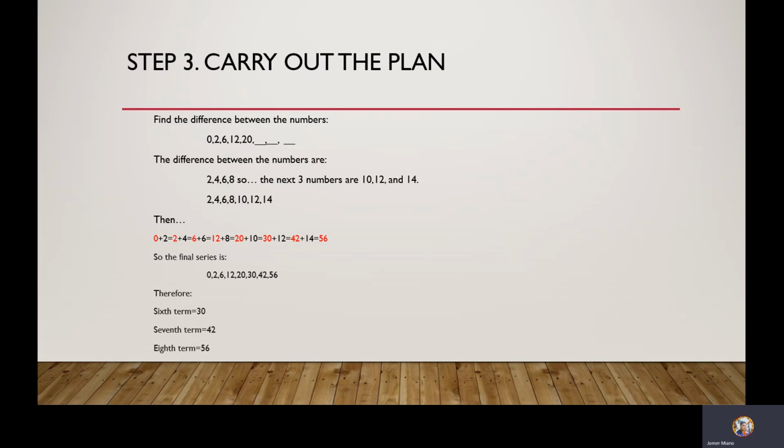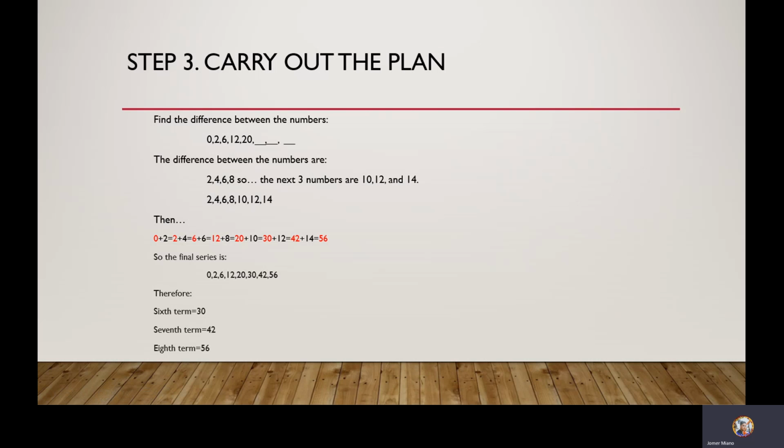And yung next na number ay 10, 12, and 14. So, yung mabubuo nating series ay 2, 4, 6, 8, 10, 12, and 14.